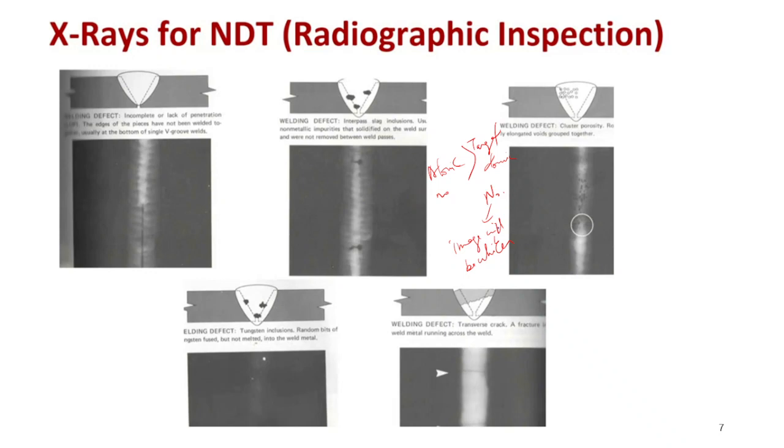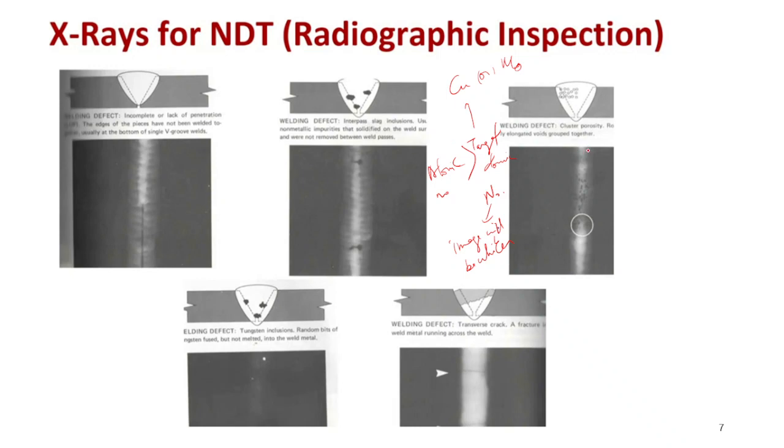In case the atomic number is not as high as the target's atomic number, usually as we saw it is copper or molybdenum or something like that, it will usually become darker. So here we saw some slag, and that is picked up by the X-rays. There is a clear difference between the pure metal and the slag, due to the difference in atomic number.